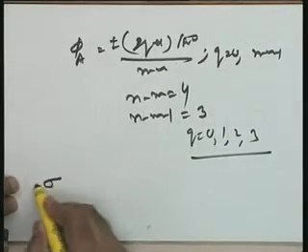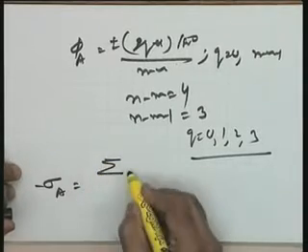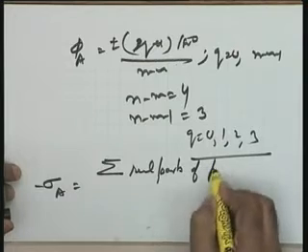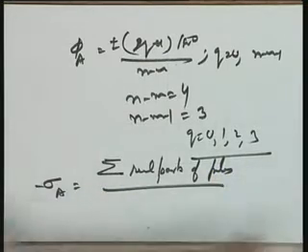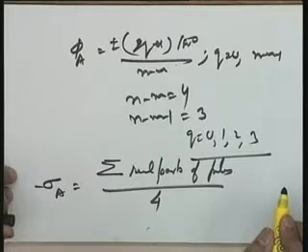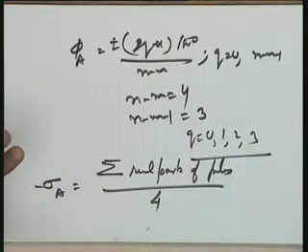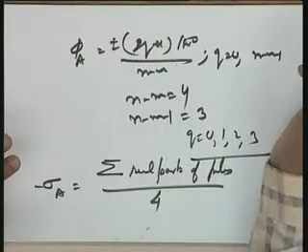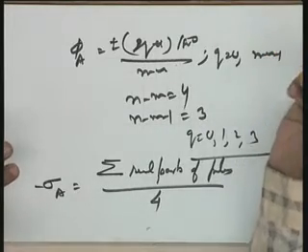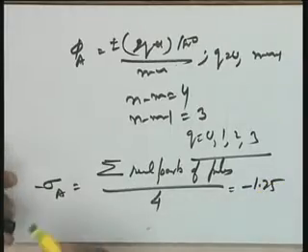Now, let us see minus sigma a, the centroid. This is the sum of real parts of poles, in this case no zeros, so let me not write it, divided by 4, as there are 4 poles, n minus m is 4. Now, I will not make an error. Real parts of poles you can check: minus 1, minus 1, minus 3. So, the total is minus 5 by 4. So, you get minus 1.25.